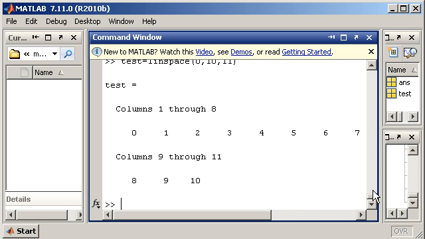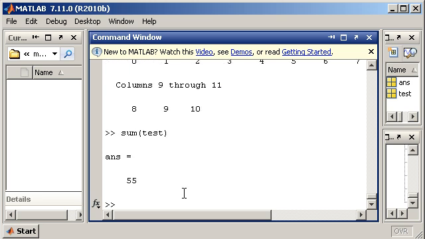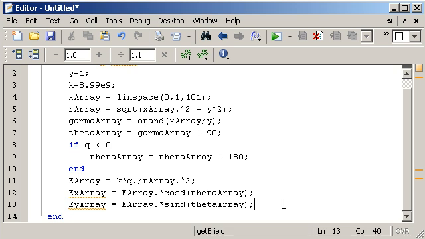So test just has 10 elements. If I do sum of test, I think that just adds up all the elements, which should give me 19, 27, 34, 45, 49, 52, 54, 55. Okay, so that's how you add up all the elements in an array.